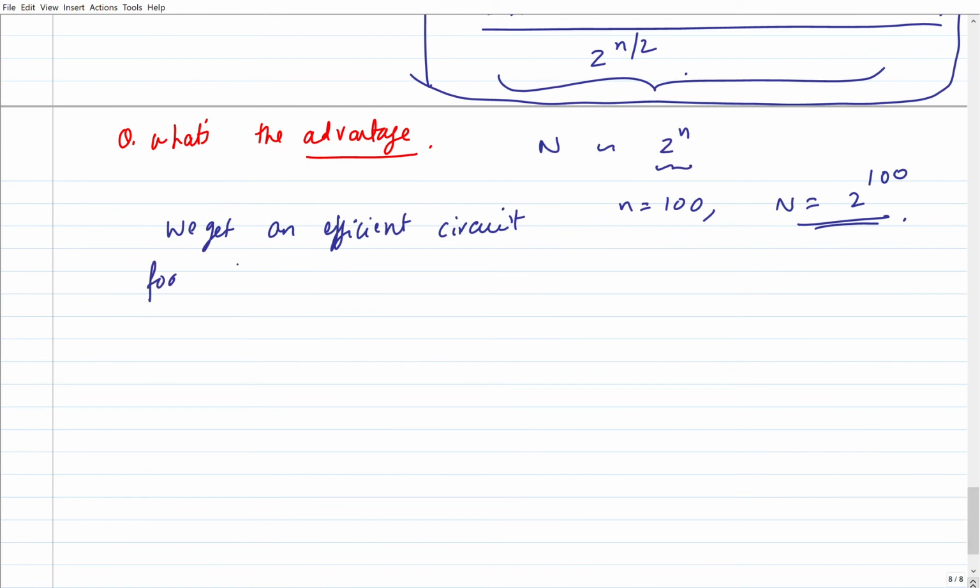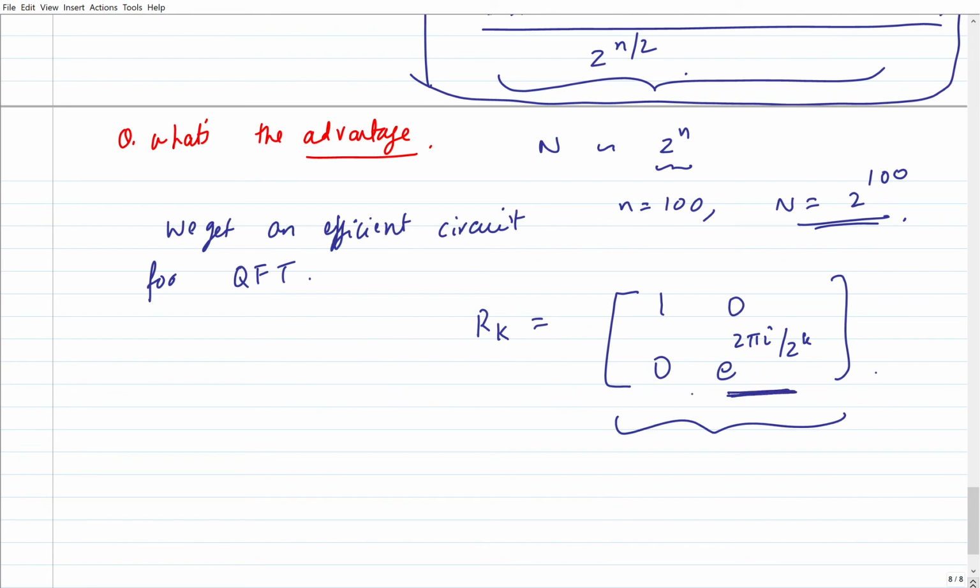For that circuit, I'll draw the circuit on the next page. Just remember this matrix or this gate, the phase gate, which is to say it's doing nothing on 0 but applying a phase when the bit is 1. Okay, so here's the circuit for quantum Fourier transform.